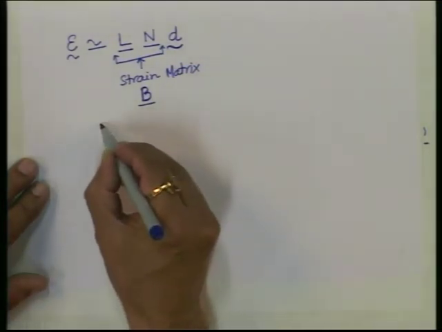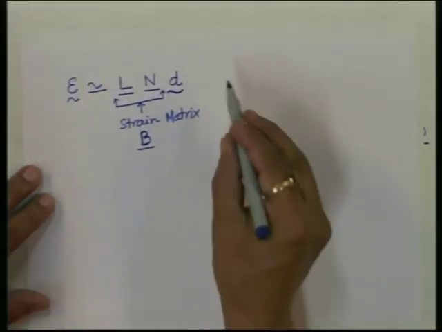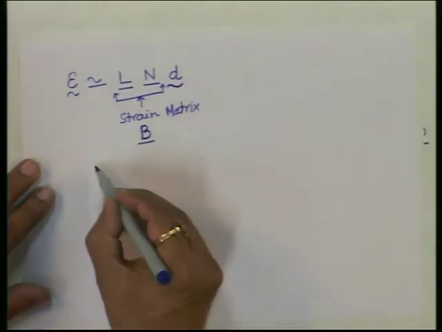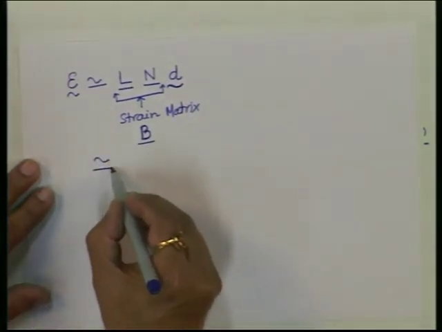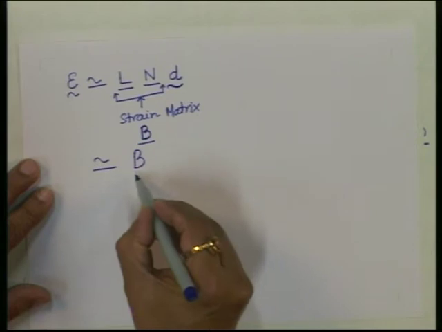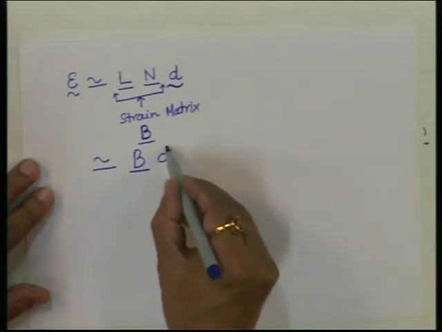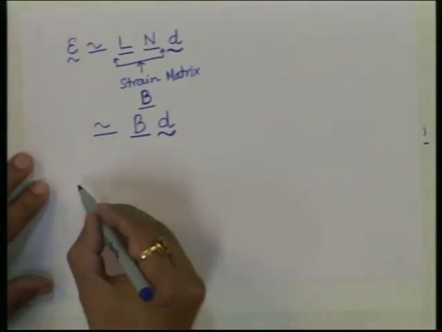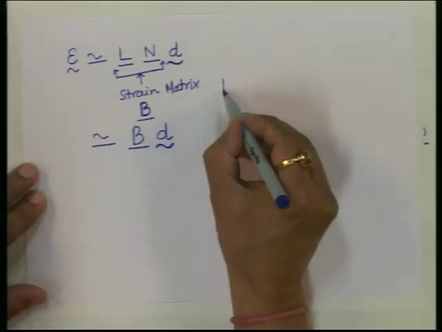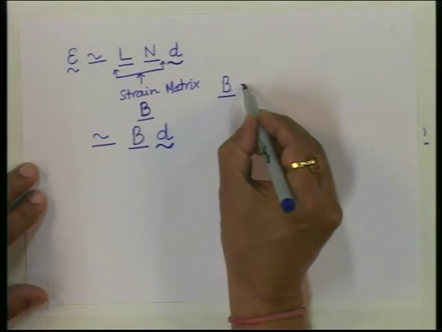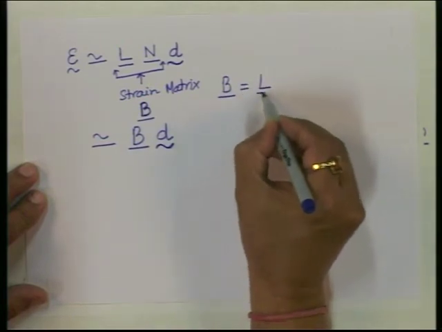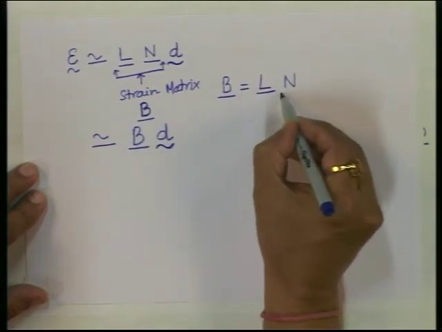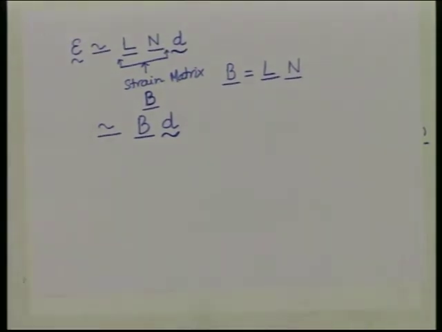So we denoted this one, L into this, equal to B times D, and B is equal to L into N. So you have to multiply two matrices.